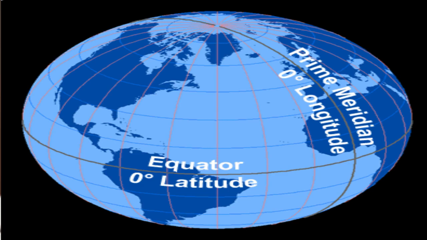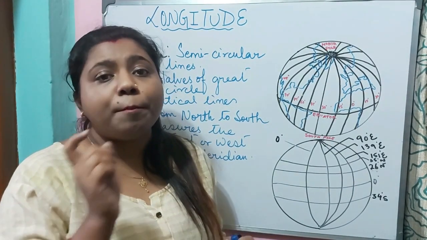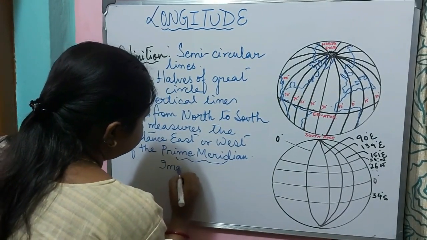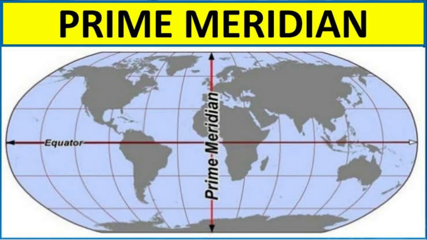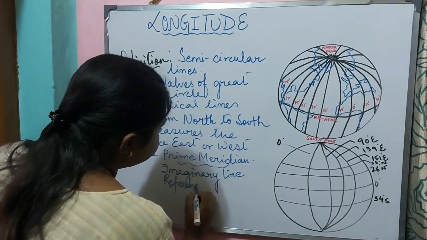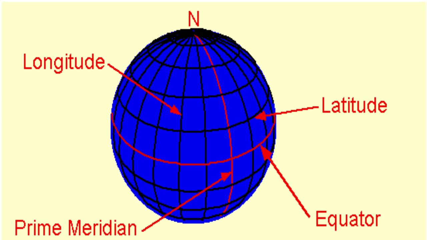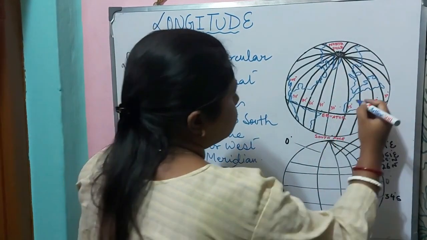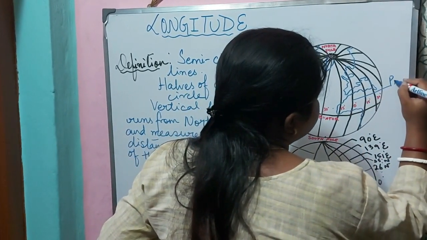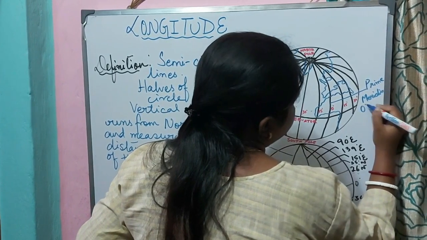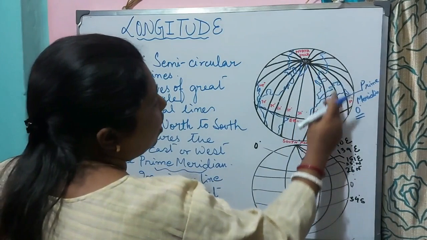So to have a reference point by which we can locate other longitudes, we use the prime meridian, which is again an imaginary line which has been used as a reference point to locate all other longitudes. So this is my prime meridian, which is at 0 degrees. This prime meridian is used as a reference point.